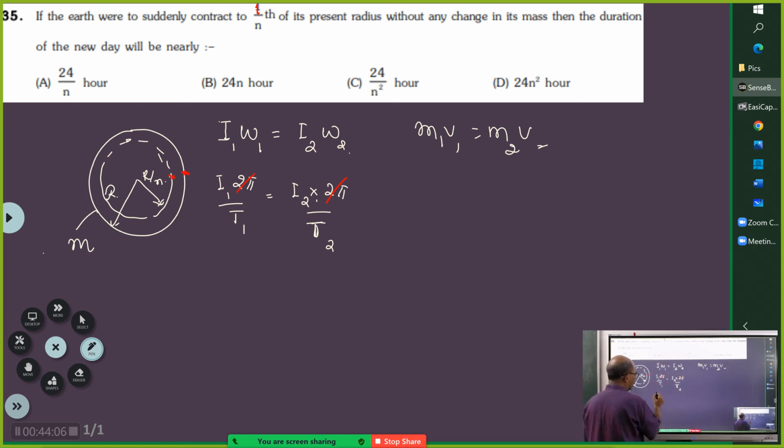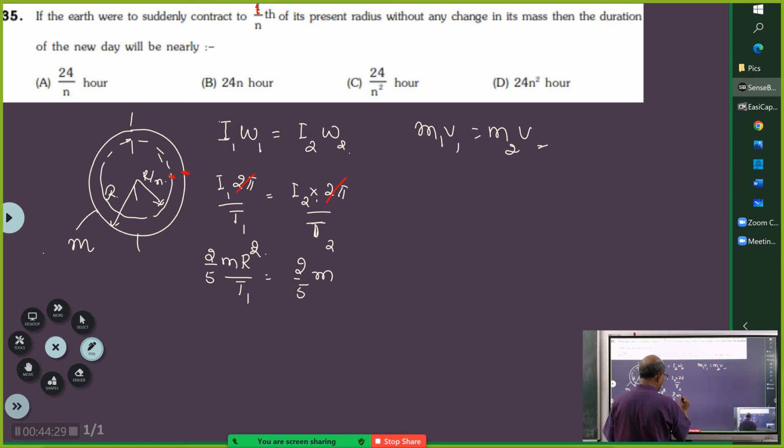So what is the moment of inertia of a sphere about the axis passing through the center? 2 by 5 m r square. Excellent. So it will be 2 by 5 m r square by T1, equal to 2 by 5 because mass has not changed, but r has now become r by n, square, by T2. Clear?